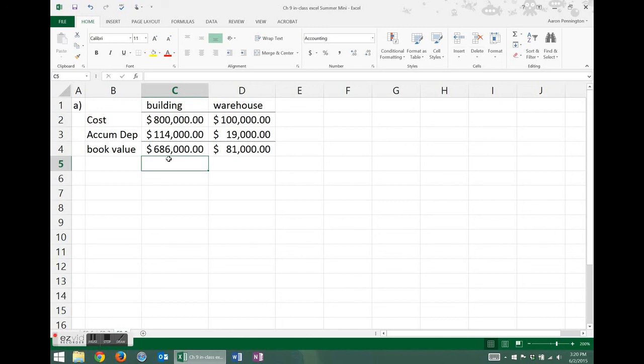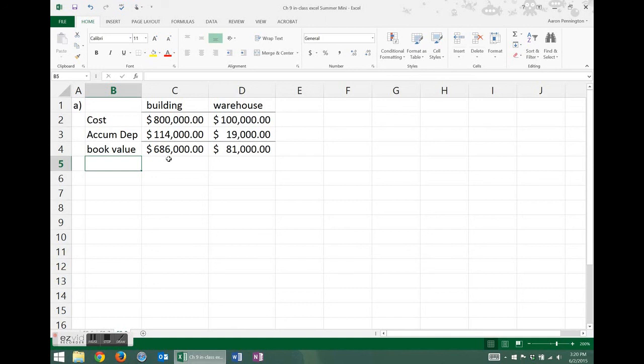So we're going from 40 to 50 years on the building. And the salvage values are also changing. So in many ways, if you can calculate depreciation, you can calculate revised depreciation. The only trick here is we need remaining useful life. So we're going to take book value over its remaining useful life.